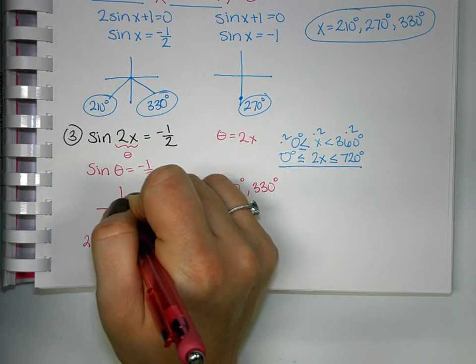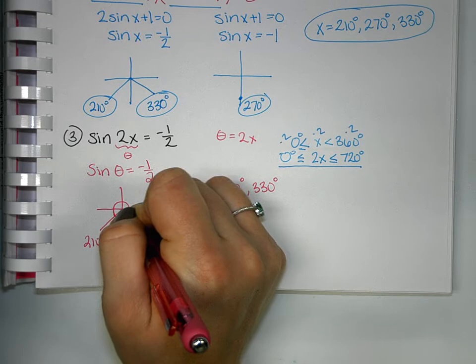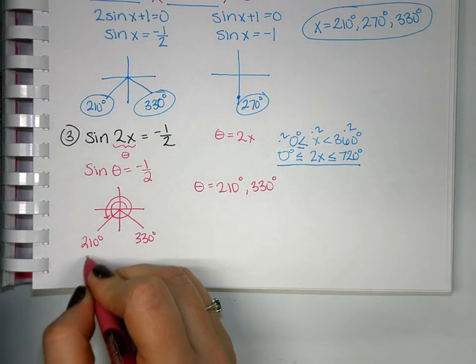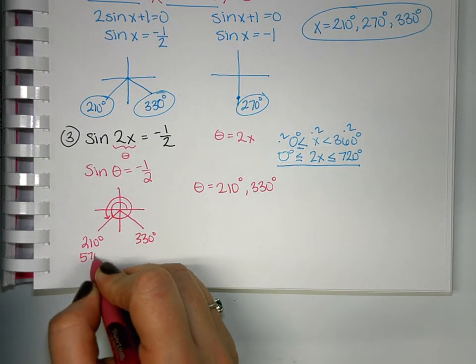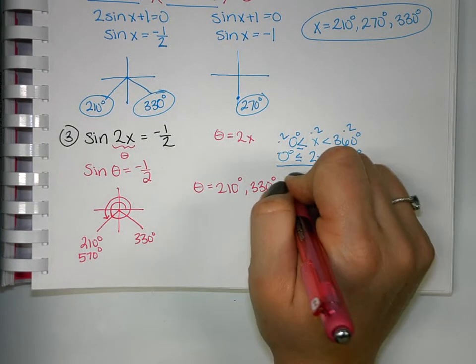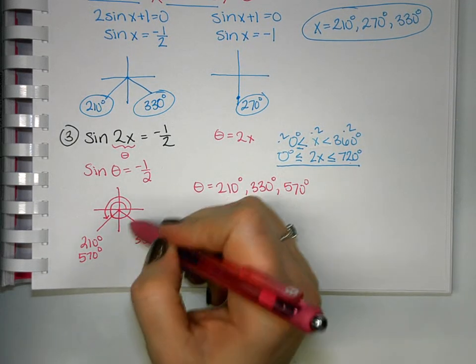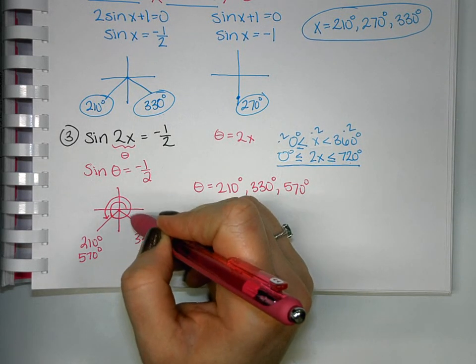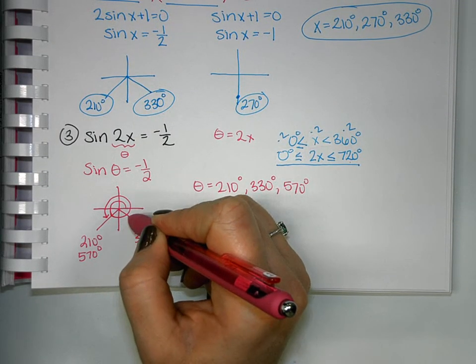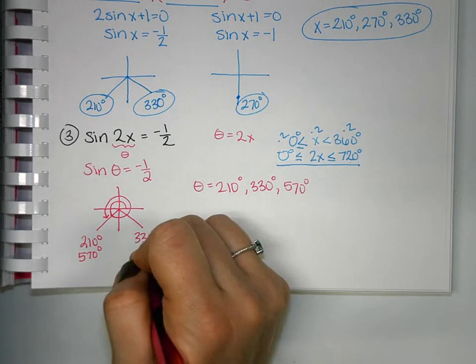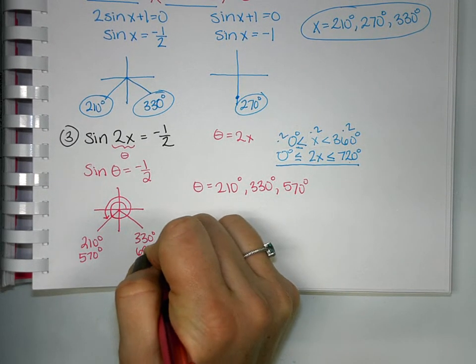So there's my 210, but if I do another 360, I'm going to also get 570. So that's also a potential answer, because that's underneath 720. Same thing with 330. If I were to go all the way to 330 and then another 360, I would get 690 as my coterminal.